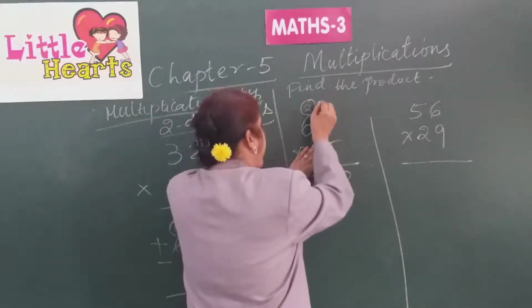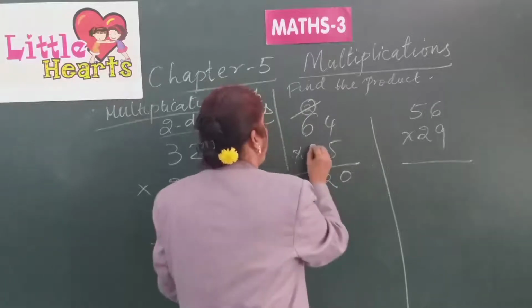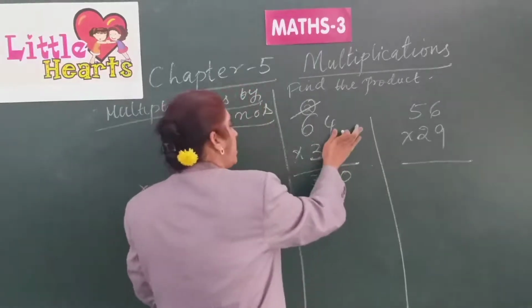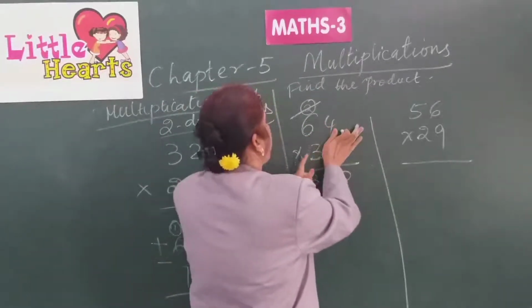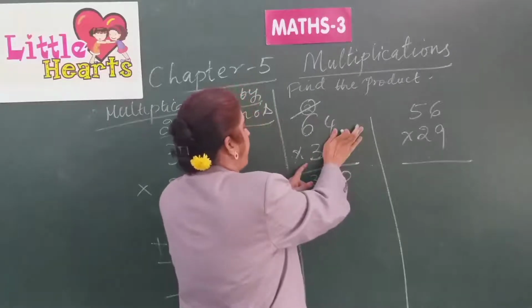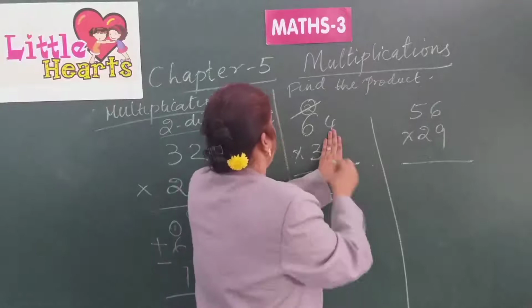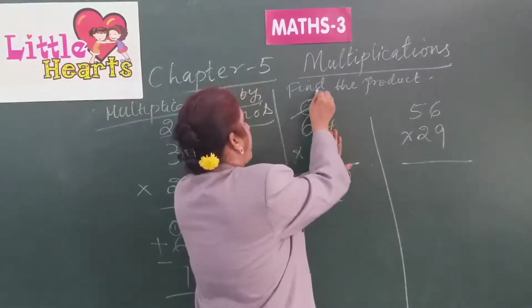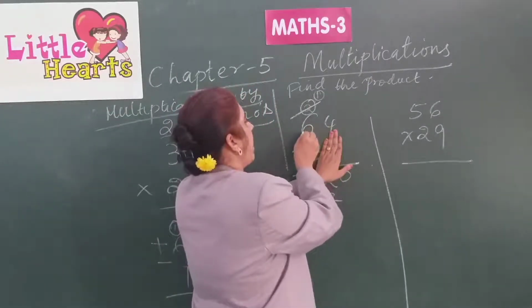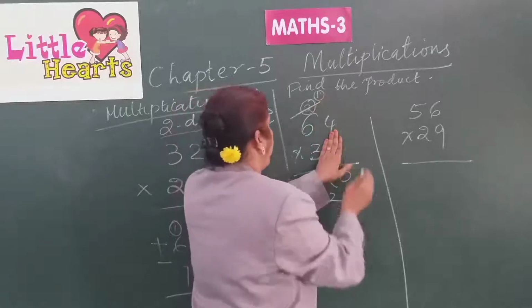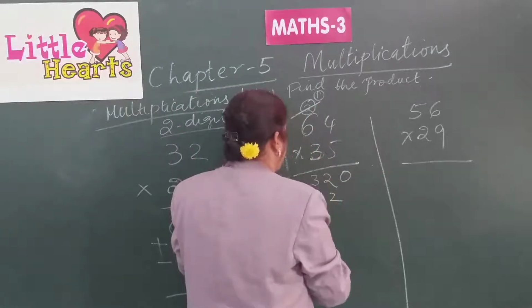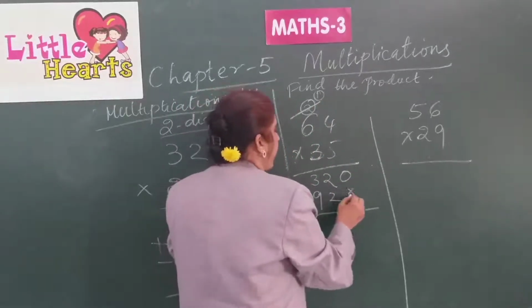This is already added, cancel. Now, close this, 64 multiplied by 3 so that you don't have any confusion. 3 fours are 12, carry 1. 3 6s are 18, plus 1, 19.